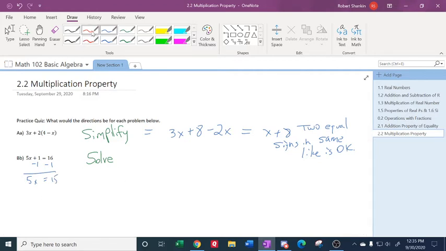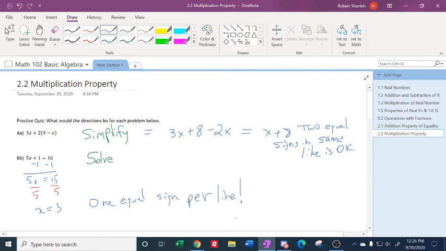And then we divide by 5. One equal sign per line.